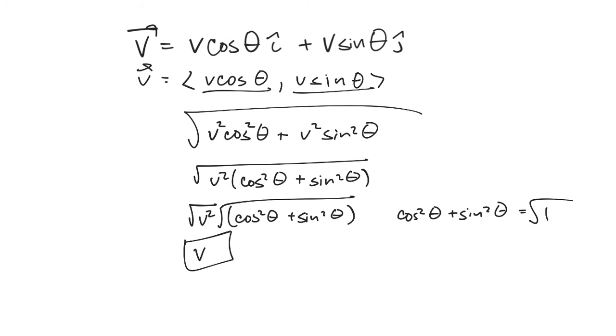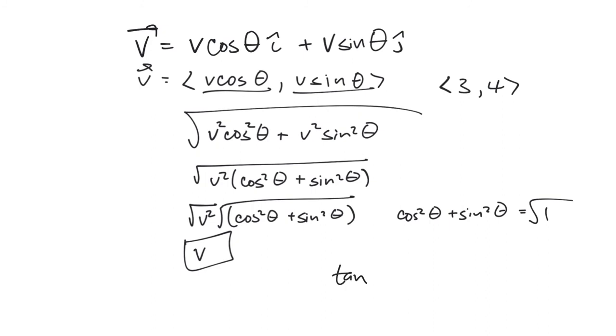But if you just knew the components numerically, like if this was a 3, 4 vector, that's 3 in the x direction, 4 in the y direction, then you do your Pythagorean theorem. 3 squared is 9, 4 squared is 16, add them together you get 25, take the square root, and your vector is 5. And you can also find the angle theta using inverse tangent.